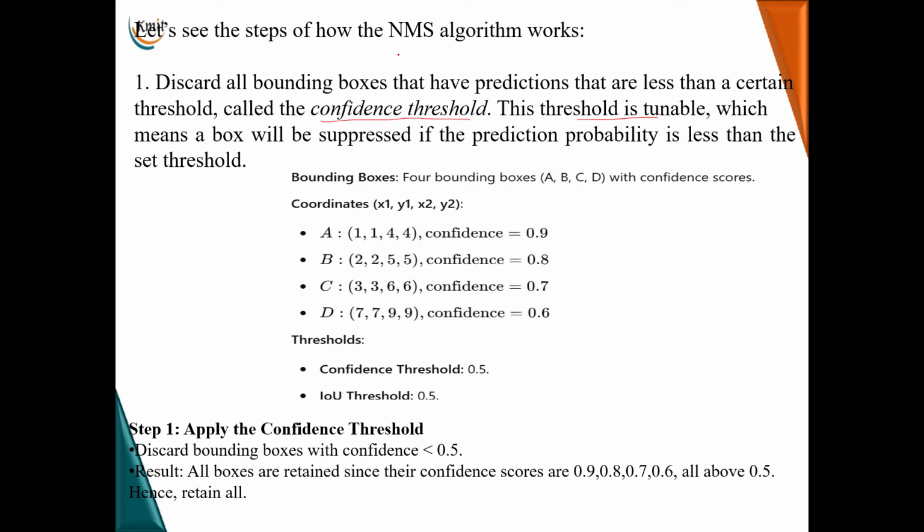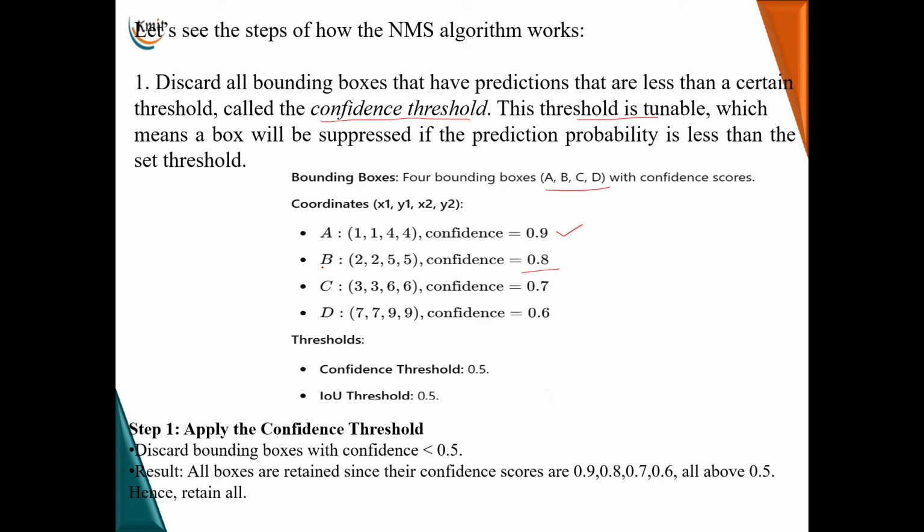So let us understand the steps involved in suppressing the bounding boxes in the NMS algorithm numerically. Consider that we have 4 bounding boxes A, B, C, D, and A has confidence score 0.9. Now what do we mean by 0.9 as the confidence score? The model is 90% confident that that bounding box has a target within it.